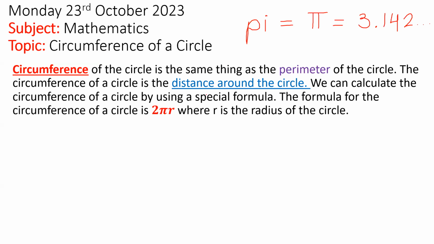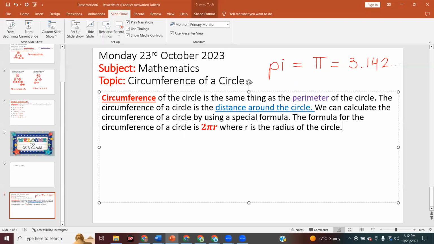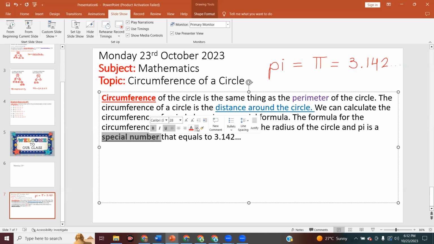Let's write it down. Pi is a special number that equals 3.142 and continuing on and on and on.